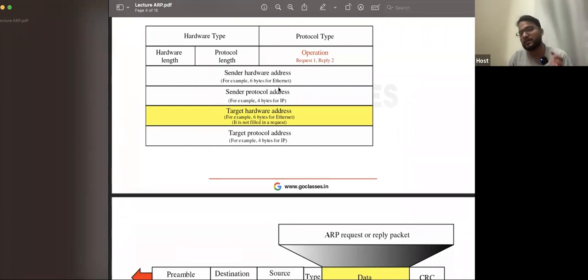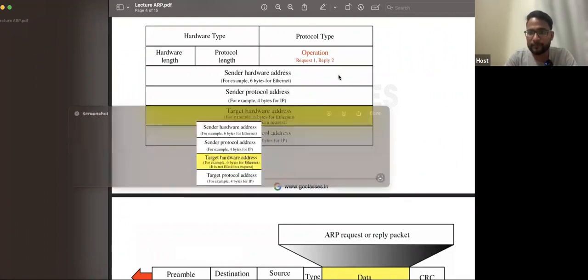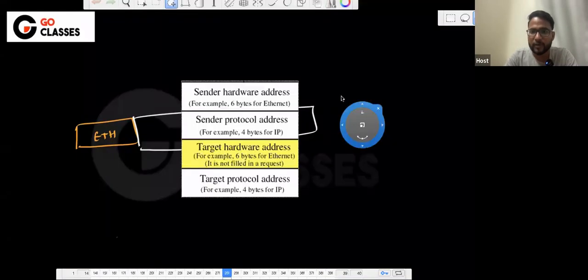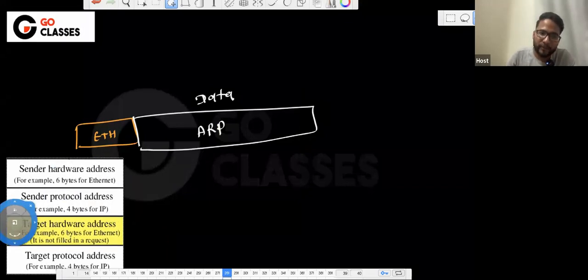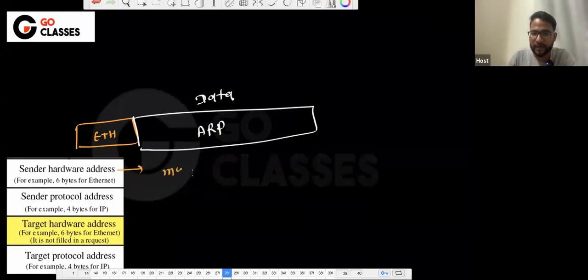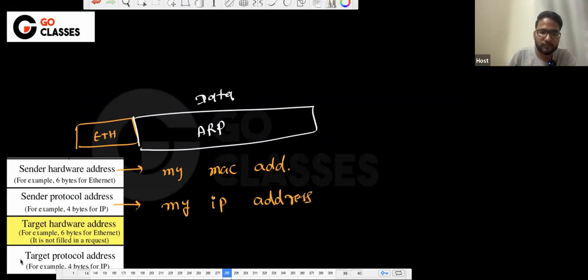So these are the 4 fields that I have in the ARP, which are important. I will say what my MAC address is, the sender hardware address. Then the sender protocol address, which means my IP address. This is the target hardware address. That's what I need to know, right?